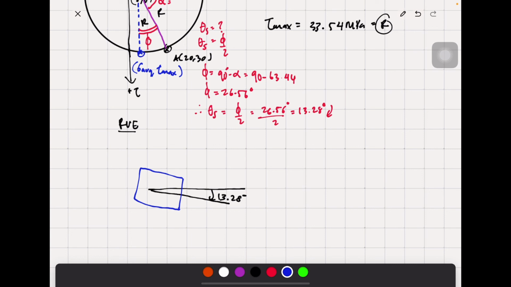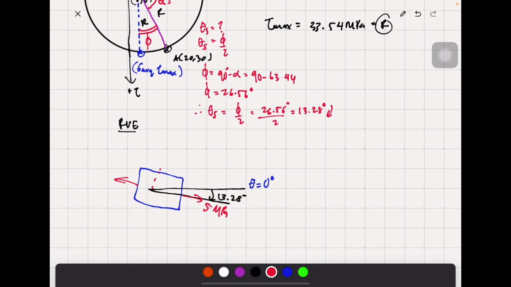This is theta equal to 0 degree, 13.28 degree, and this is 5 megapascal for sigma average on this direction.